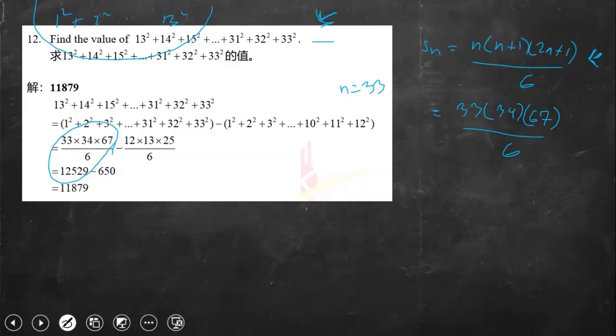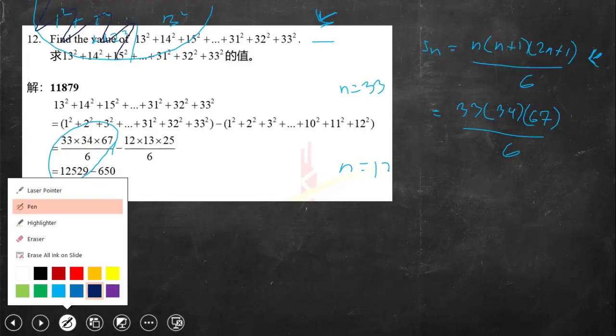And just subtract the sum of the first 12, because we're beginning at 13, so we need to remove these values. How do we compute?